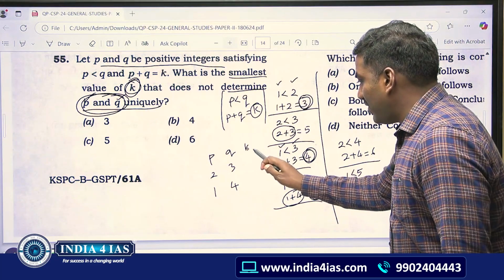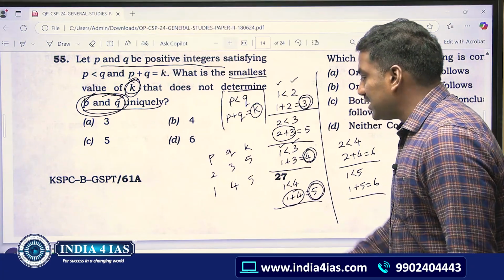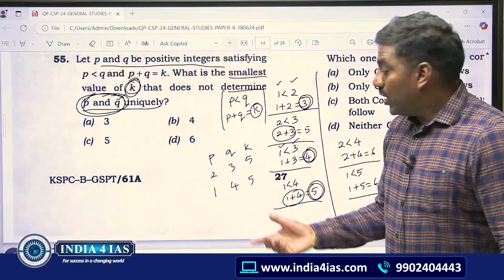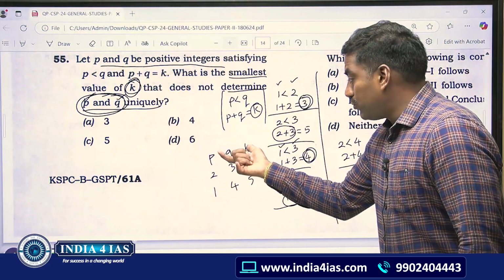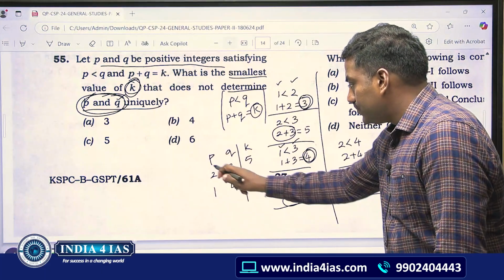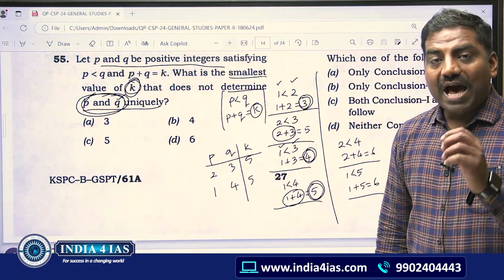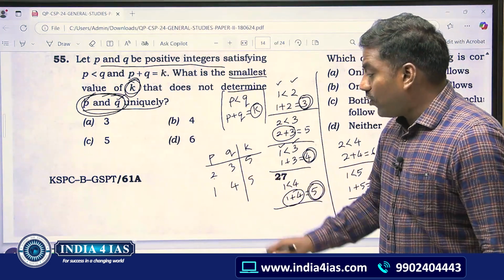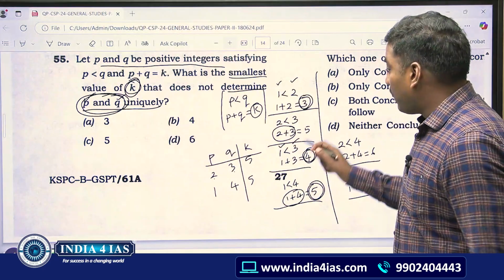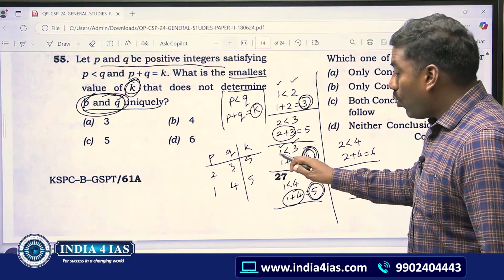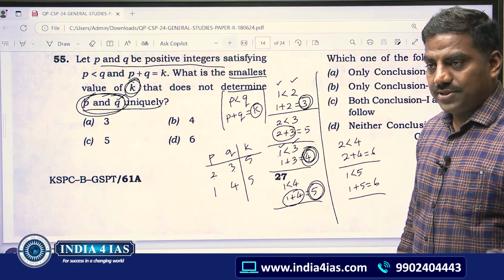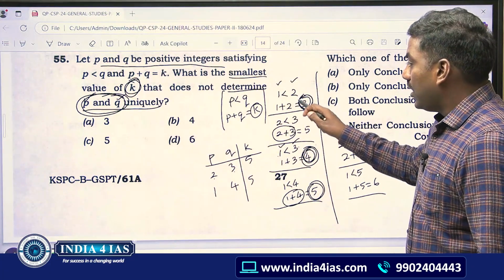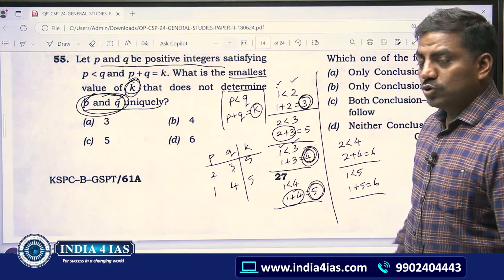But what is the value of K? In both places, the value of K is 5. But am I able to get unique values for P and Q for 5? Whenever it is 5, am I able to get only one value for P and one value for Q? No. But for 4, I am getting one fixed value for P and one fixed value for Q. For 3, P is 1 and Q is 2, that is fixed.